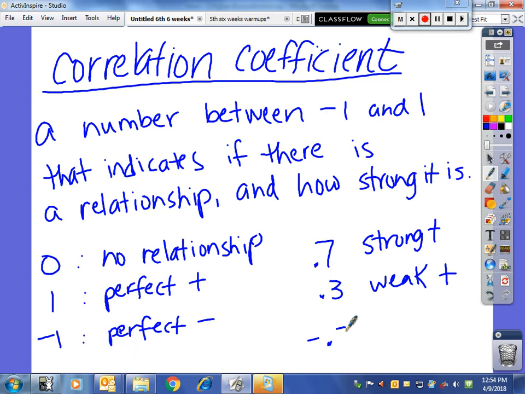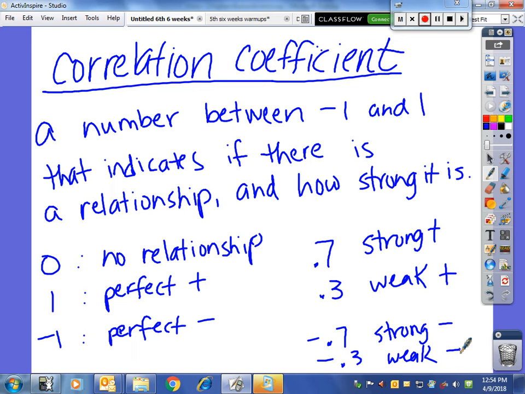A negative 0.7 is a strong negative. And so negative 0.8 would be strong negative. Negative 0.9 would be a strong negative correlation. If you had a negative 0.3, that would be a weak negative. I'm not going to tell you how to find it, I just want you to know how to interpret it. So usually they use those indicators as whether it's going to be strong or weak or no correlation at all.